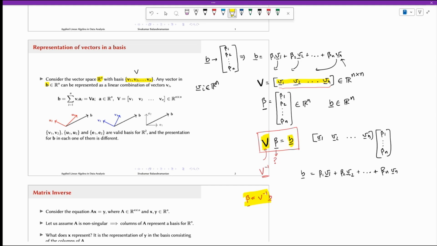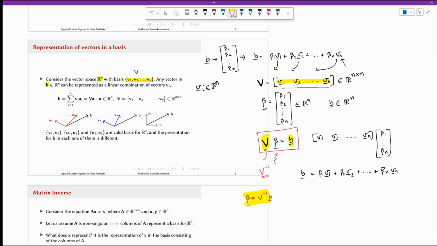Now we can give the inverse of a matrix a very specific meaning. What is the role of V inverse here? The question we initially had was, how do I find the representation of my vector b in the V basis? Here we are saying that representation is given by V inverse multiplied by b.